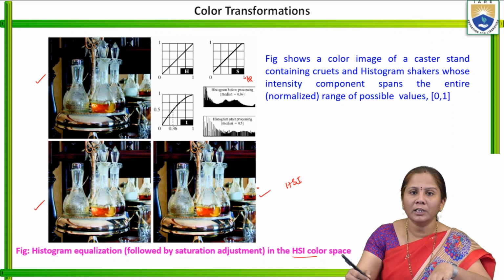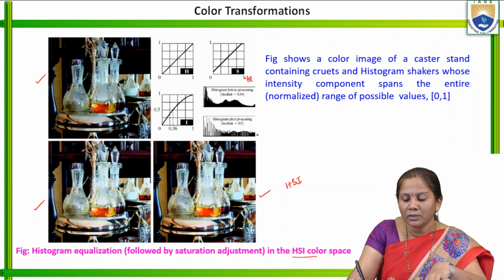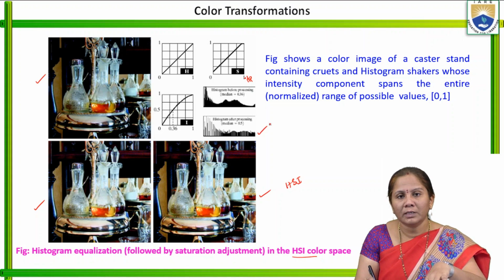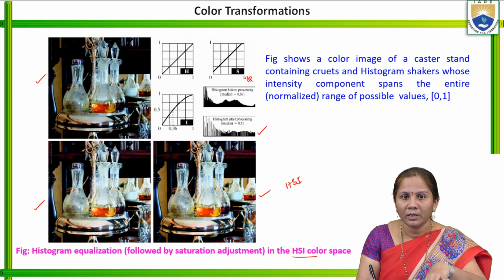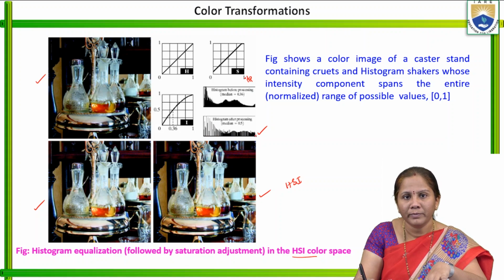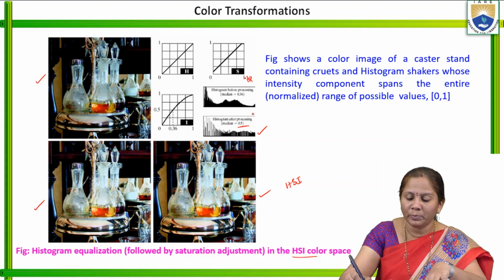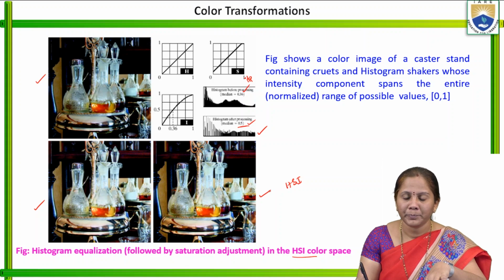If we see the histogram representation after processing, all the intensity values are equalized. So we have a medium value of 0.5. Previously it was 0.36. After histogram equalization, we got 0.5.